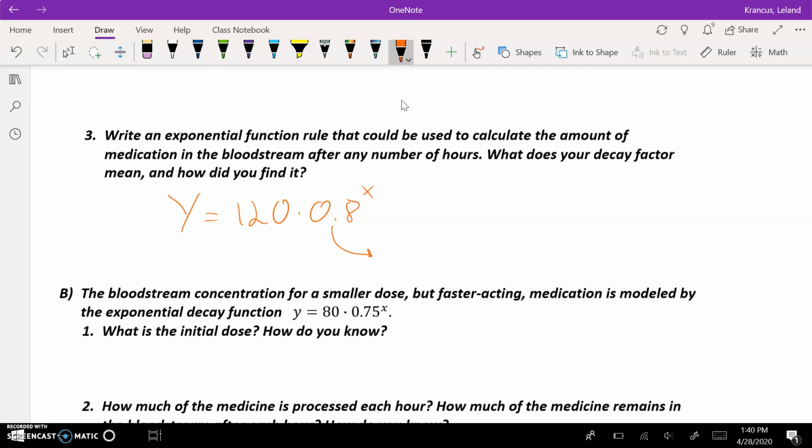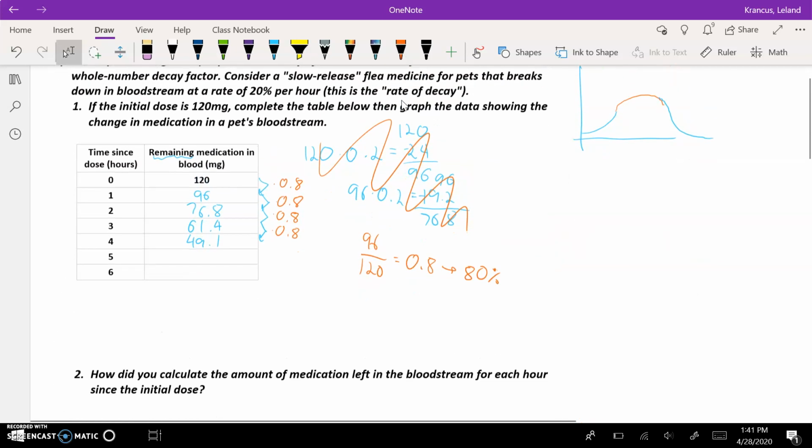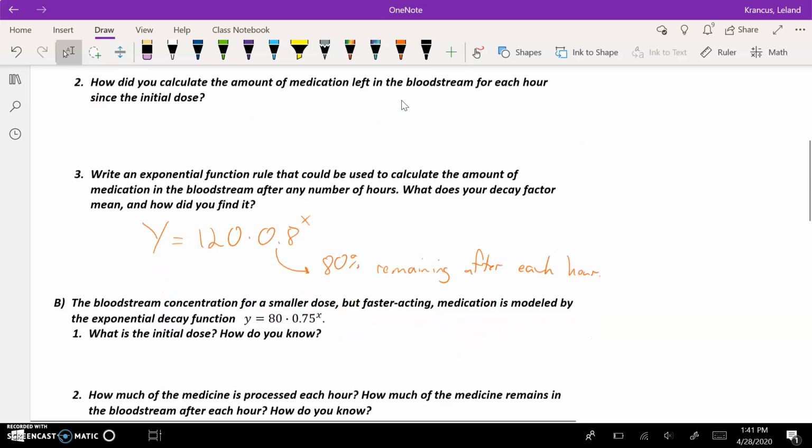And of course, that decay factor means that there's 80% remaining after each hour. And the way we found it was using the table that we have, the pattern that we have, and taking one y value and dividing it by the previous y value to get a decimal.